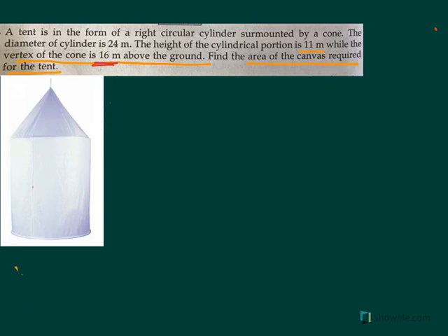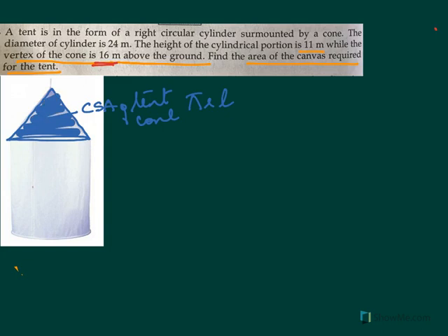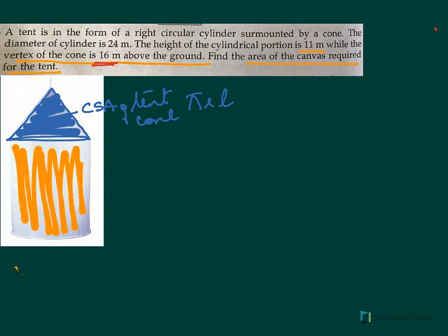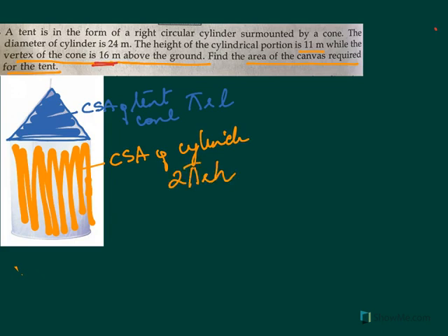To find the area of canvas required, we need to find this area first, which is the CSA of the cone, which is pi RL, and then we need to find this area, and we need to add up both. This is the CSA of the cylinder, which is 2 pi RH, the H of the cylinder.